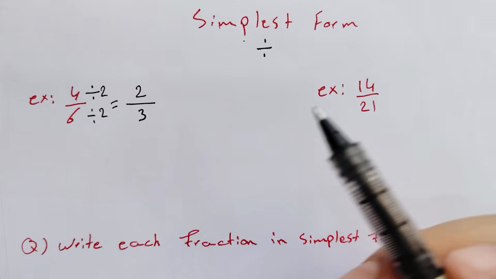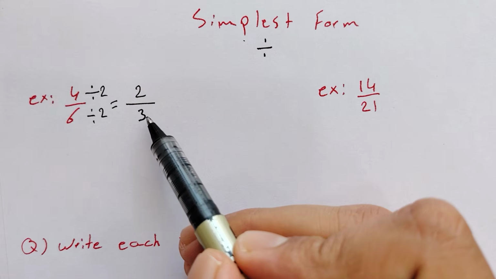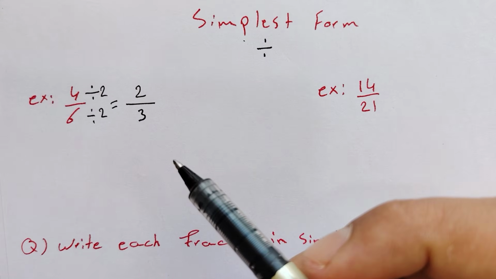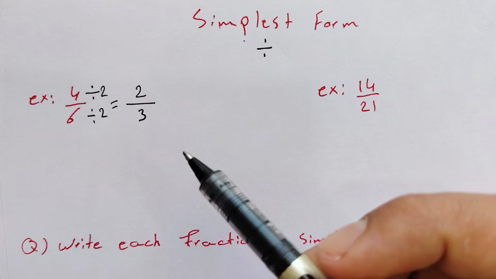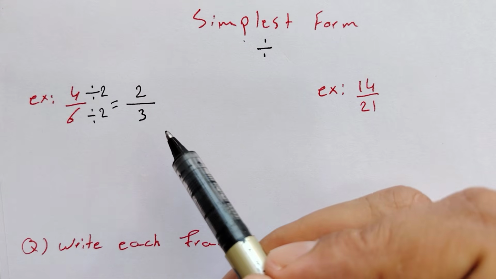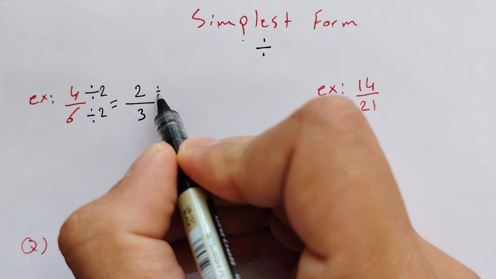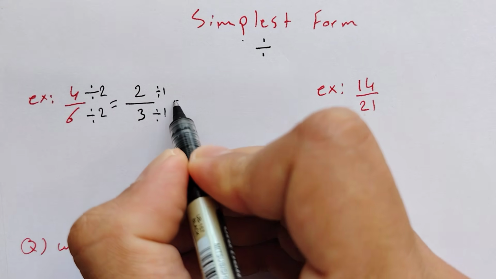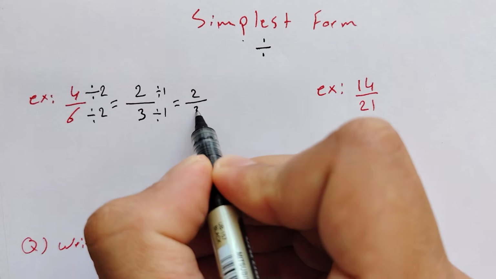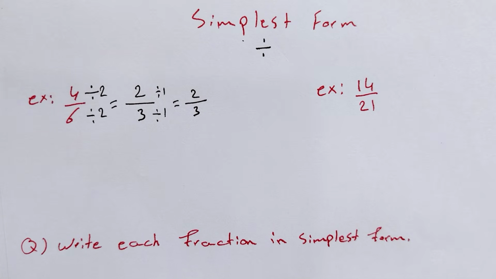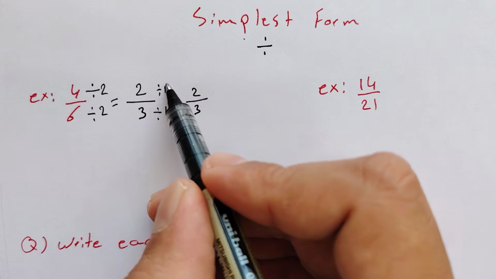I'm still thinking, can I divide them by any other number besides 1 and 0? We cannot divide them by 0. And when we divide by 1, the fraction will stay the same, and we said simplest form should make the fraction smaller. So we don't divide by 1.